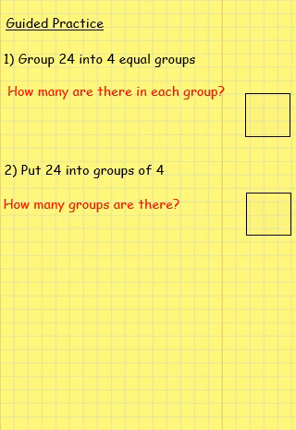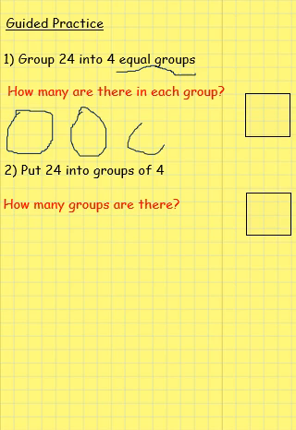The question is, how many are there in each group? So if we were going to group 24 into 4 equal groups, what do you think the answer might be? For this question, if it was me answering it, I'd be thinking about drawing 4 circles or 4 groups to show me that I'm looking at this part here about equal groups.